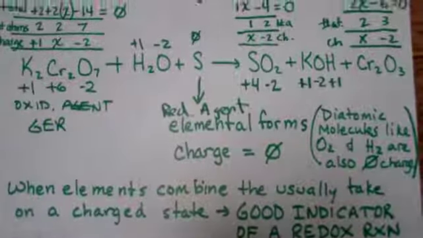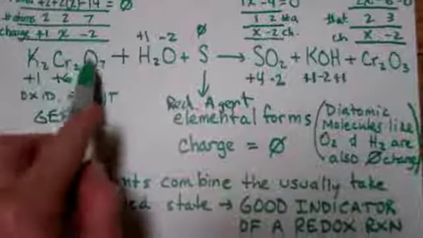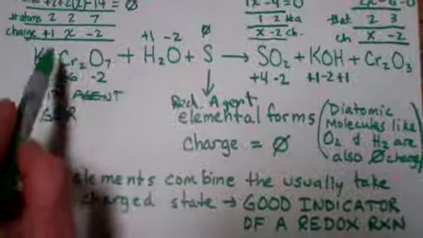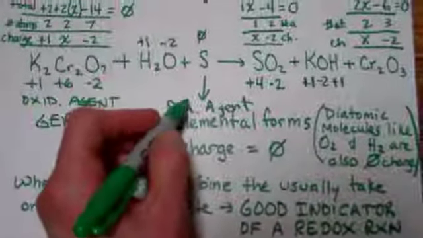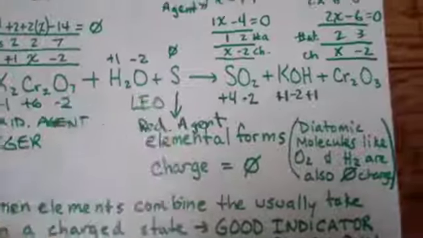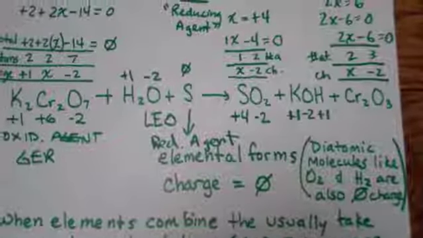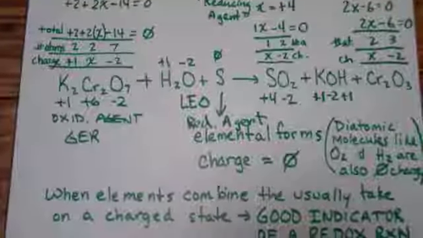It is going to lose electrons, and it's going to give them to the potassium dichromate to change the chromium on this side from the +6 state to the +3 state. So this one is the LEO part of the equation. It is the oxidized component. So that is one example of a redox reaction. We'll do another one here as well.